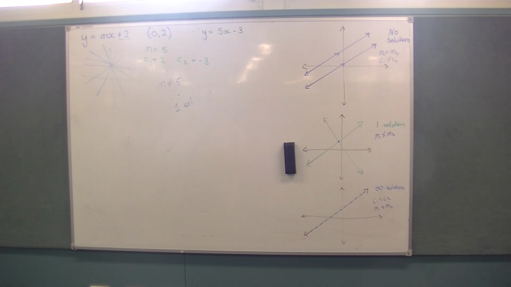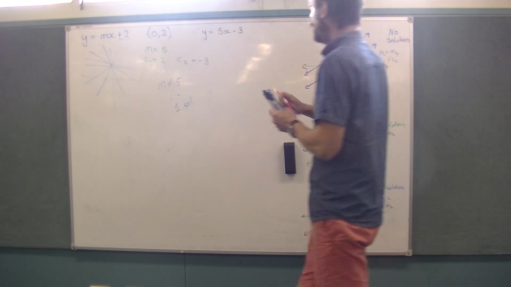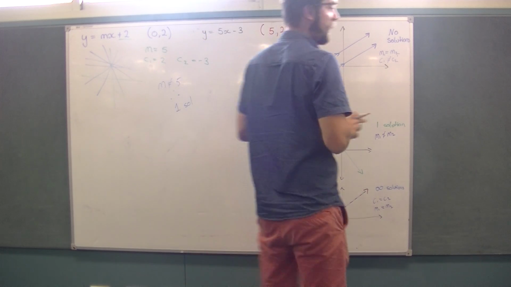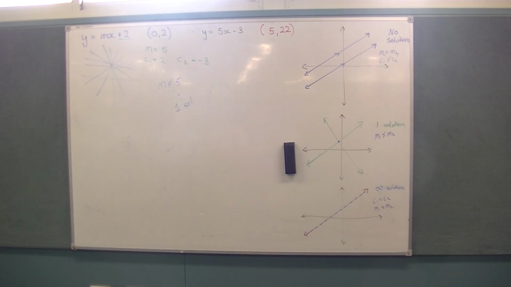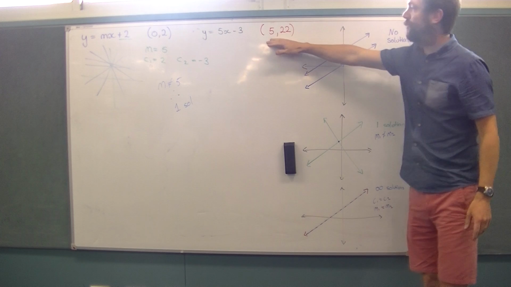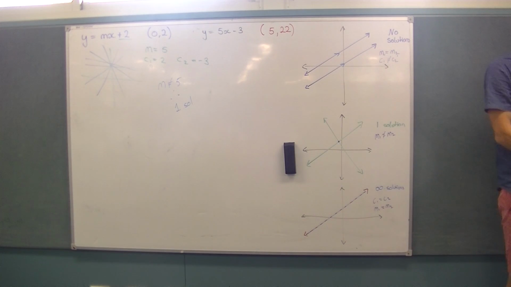What happens if these two lines intersect at the point 5, 22? What is the gradient of the purple line if it goes through that point there? How would you figure it out?